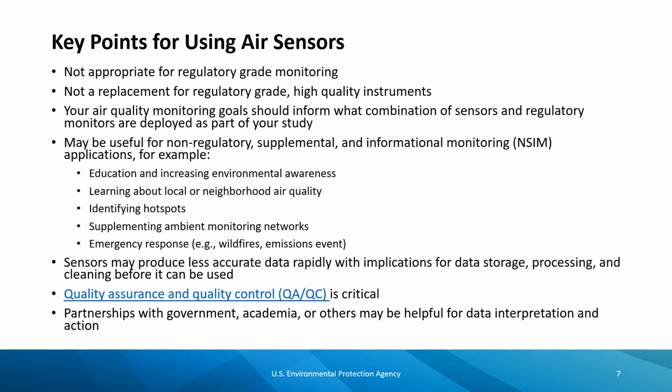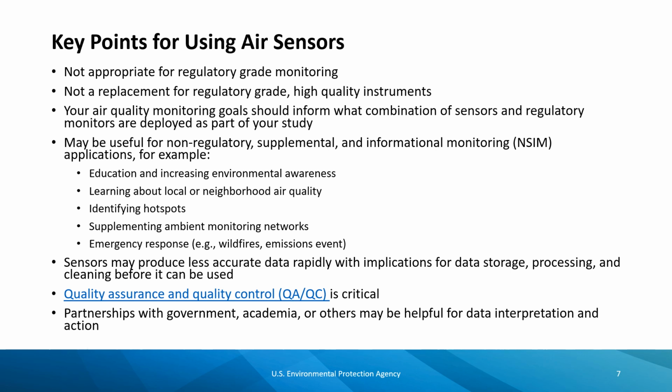There are a number of key points to keep in mind for using air sensors. First, sensors are not appropriate for regulatory grade monitoring and should not be used as a replacement for regulatory monitoring instruments. The goals for your air quality monitoring study should help you decide what combination of sensors and regulatory monitors you may need to deploy.